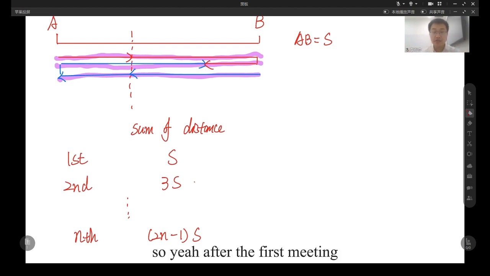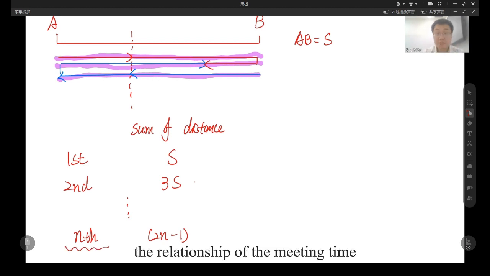So after the first meeting, each further meeting takes them 2S. Now we know the relationship between the number of meetings and the total distance they traveled.